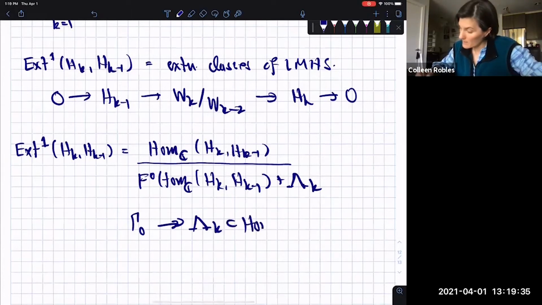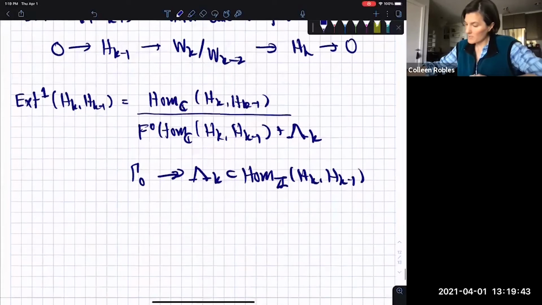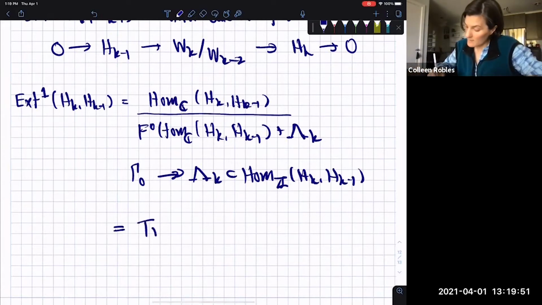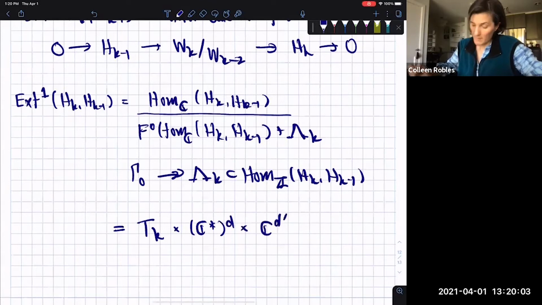And it's contained in Hom Z, HK minus 1. Okay. So in particular, this set of extension classes is some complex torus crossed maybe with some copies of the punctured plane. And the plane itself.